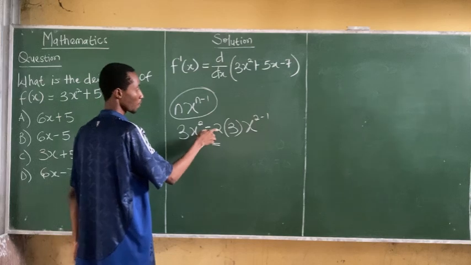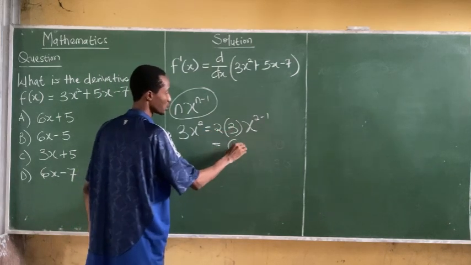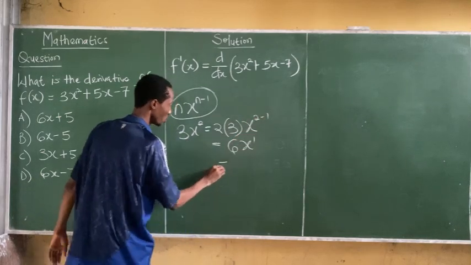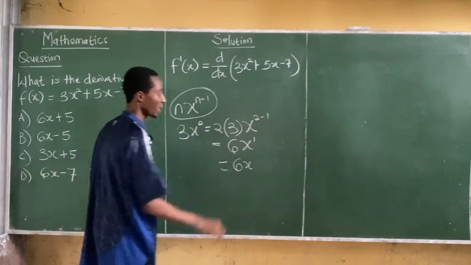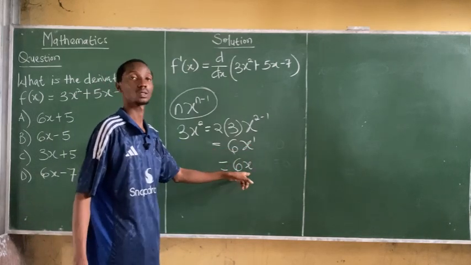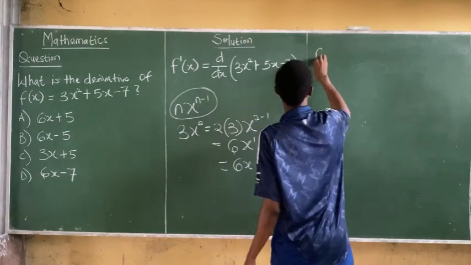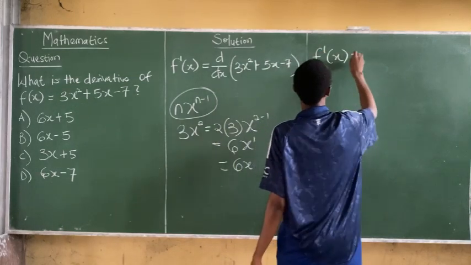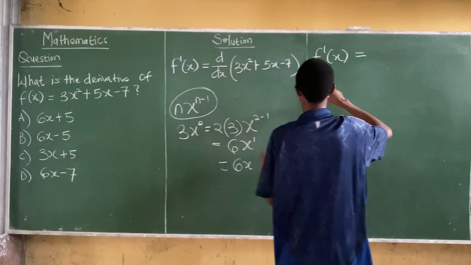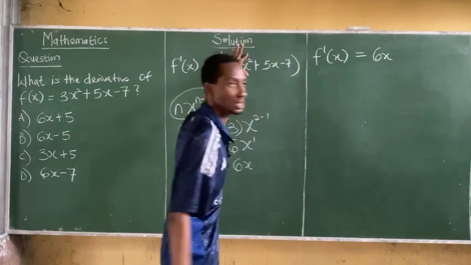This will give us 2 times 3 gives us 6. We have x, 2 minus 1 is 1, which is the same thing as 6x, because anything raised to power 1 is that same thing. So instead of writing this, we replace it with this value, 6x. We have differentiated this first term.